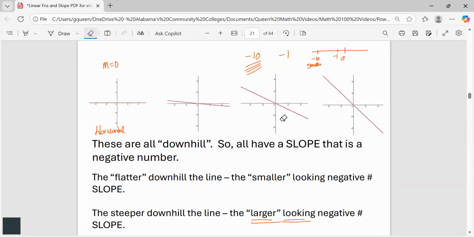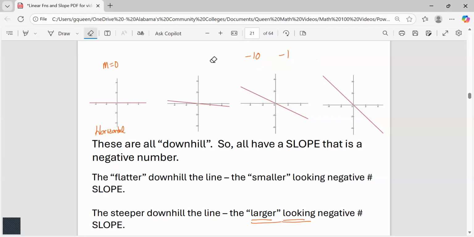So I just refer to this as a larger negative number, meaning farther to the left on the number line, even though the quantity is smaller anyway. I hope I'm not confusing you too much. Just think about it this way. The steeper the downhill decline in your line, the larger the negative number for the slope.